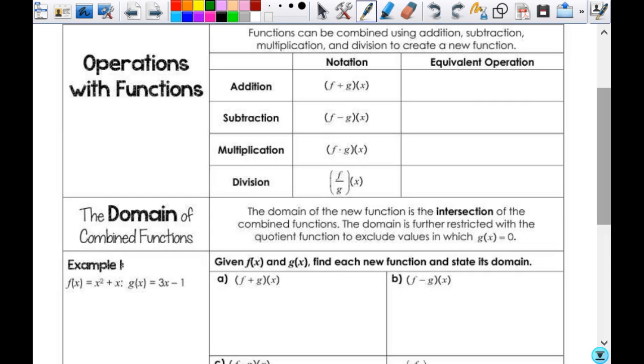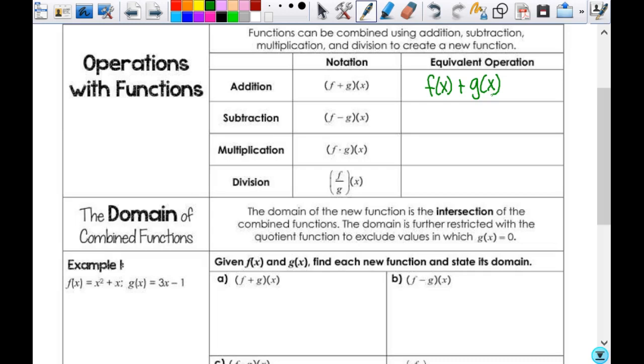So functions can be combined using addition, subtraction, multiplication, division to create a new function. So this is f plus g of x. Another way to write that would be f of x plus g of x, right? Means the same thing.